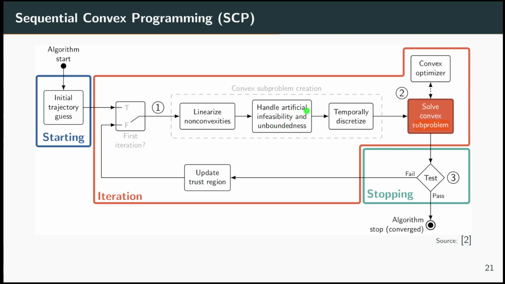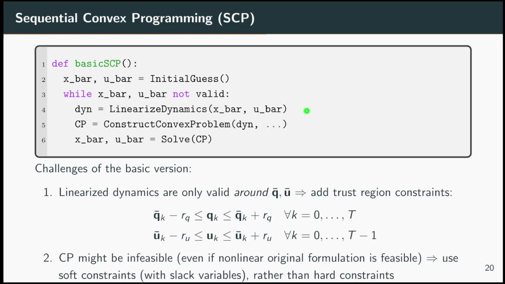And the way they often handle these issues is that, for example, there are some slack variables. So for the second one, instead of really having equality and inequality constraints, we add some slack variables as part of the decision variables and try to minimize them.